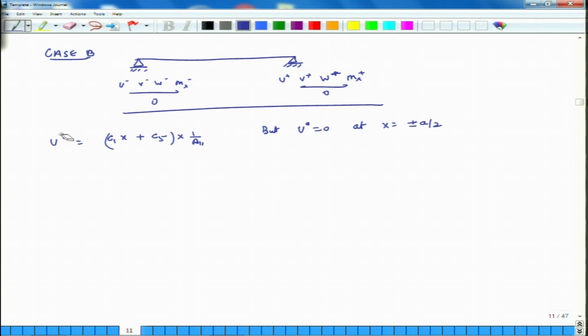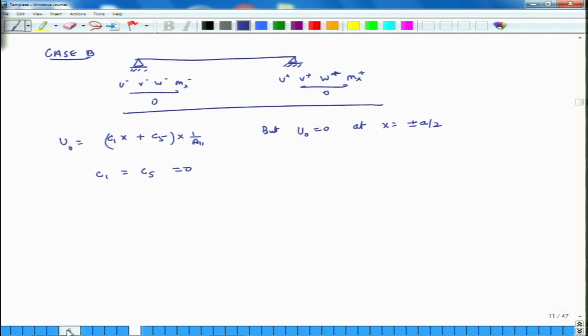It's a small error of notation; this should be a u subscript. So, if I implement these boundary conditions, I get that C1 is equal to C5 is equal to 0. If I apply x is equal to a by 2, u is 0, I get one equation, and the other equation is C5 minus C1 a over 2 is 0. So, from this I get this thing as 0.